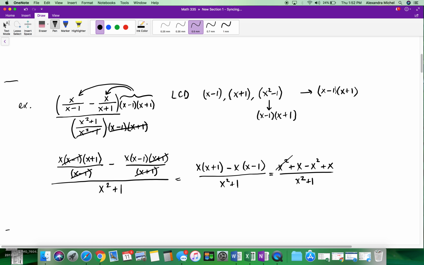And these x squareds will cancel, and I can combine the x's, so we get 2x over x squared plus 1. Right, so we no longer have any fractions in the numerator or denominator, so we're all good. We've simplified it.